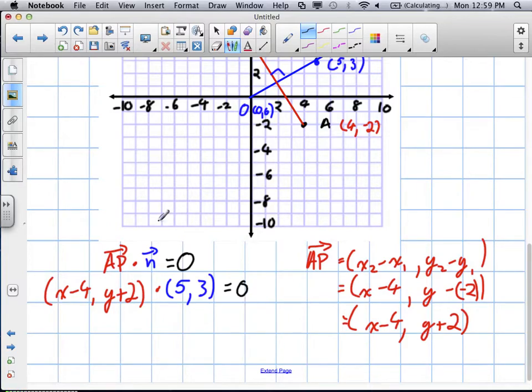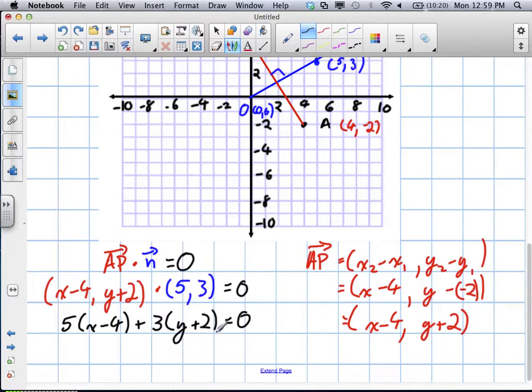So we're going to use our distributive property. We end up with 5(x minus 4) plus 3(y plus 2) equals 0.